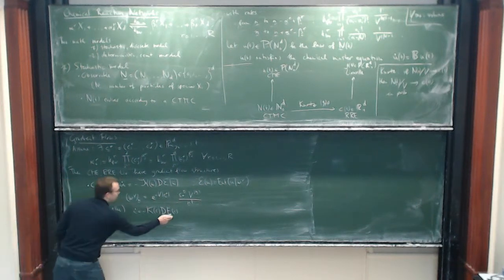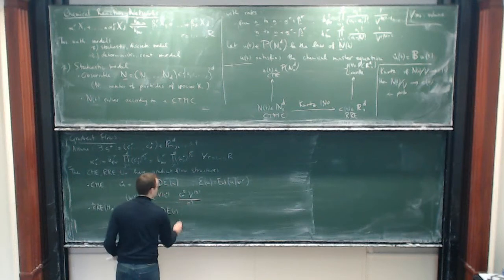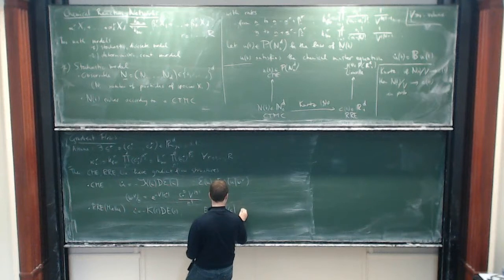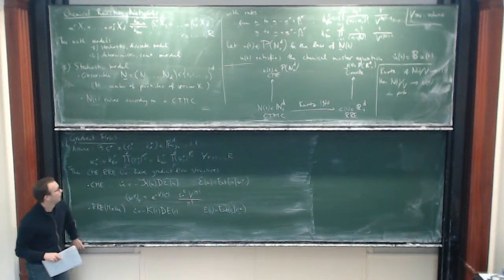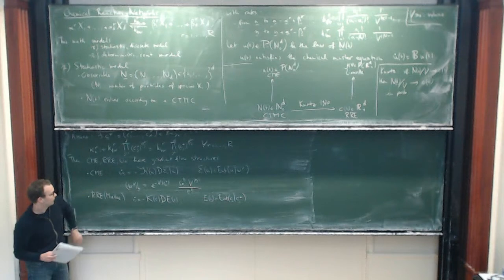And now this entropy is the relative entropy with respect to this C star. So E of C is the relative entropy with respect to C star. So this is a gradient flow structure for the ODE.